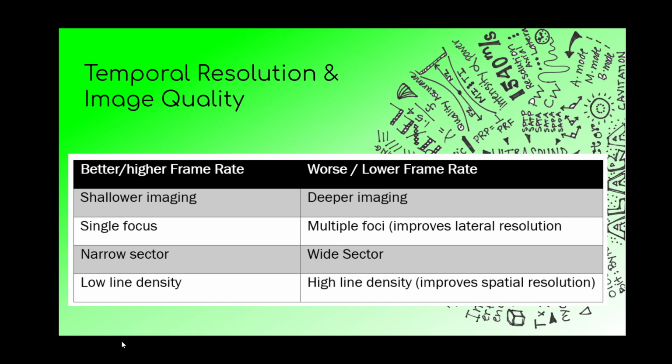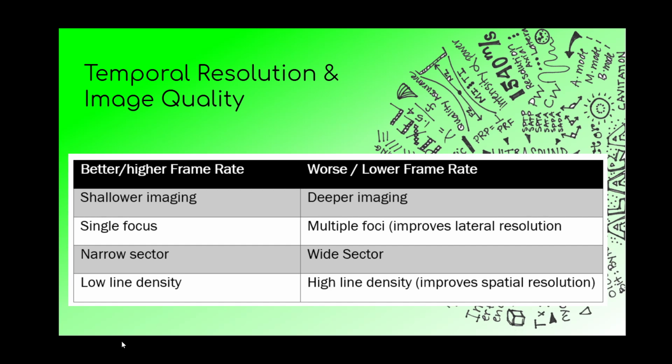If it's to see detail, then we want those multiple foci. We want more anatomy to be visible. We want high line density. Those are going to decrease our temporal resolution, but it's going to give us better spatial and lateral resolution. If we want moving structures, we're looking at a heart and we want to see how those valves are moving, we want to see how the walls are contracting, then we need to decrease our depth.